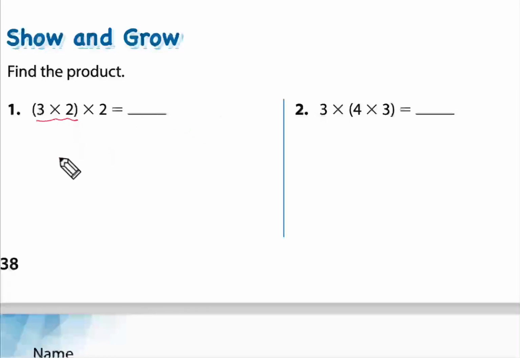Start with this. 3 multiplied by 2 is? Muhammad, do not use your mic. Multiplied by 2. Now, so this is 6 multiplied by 2 equals, Kareem, go. 6 multiplied by 2.